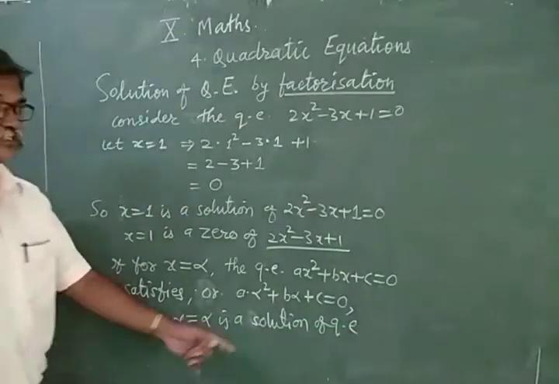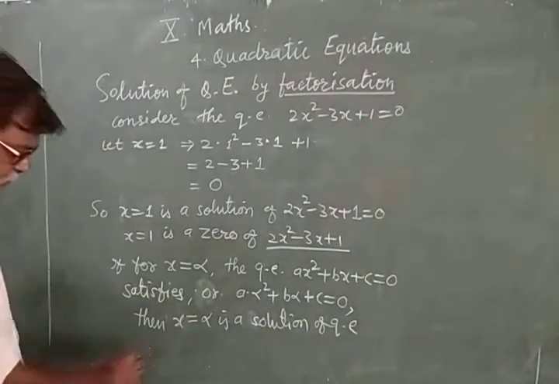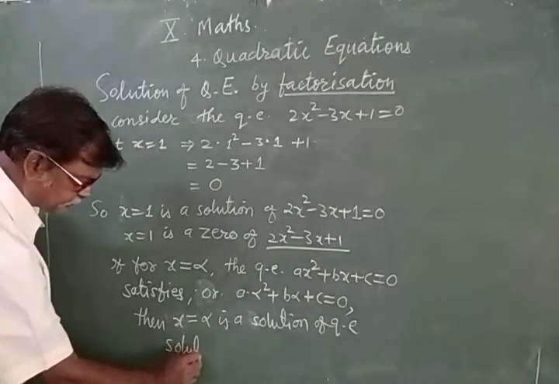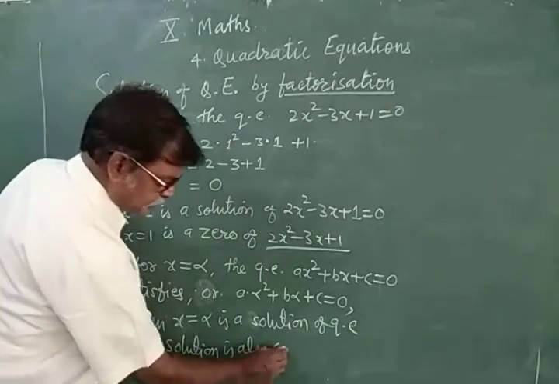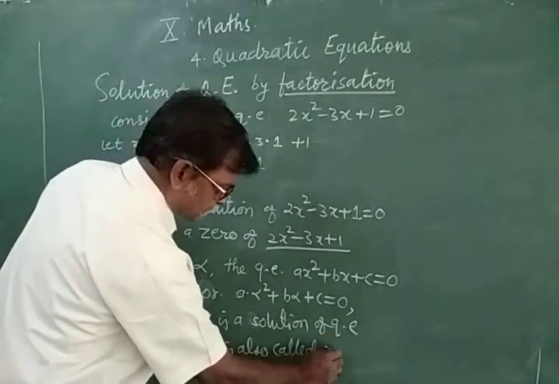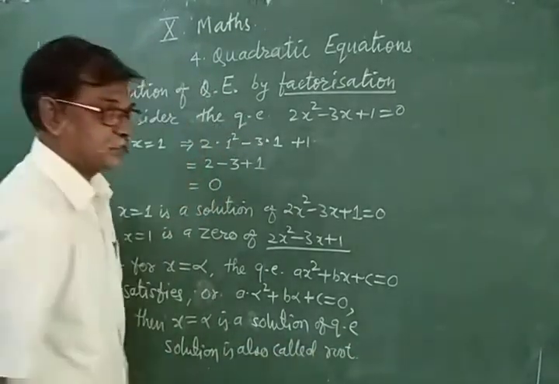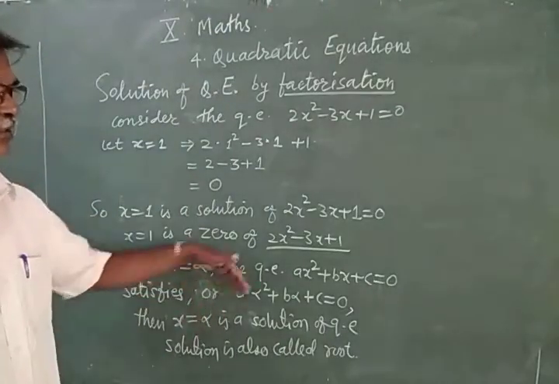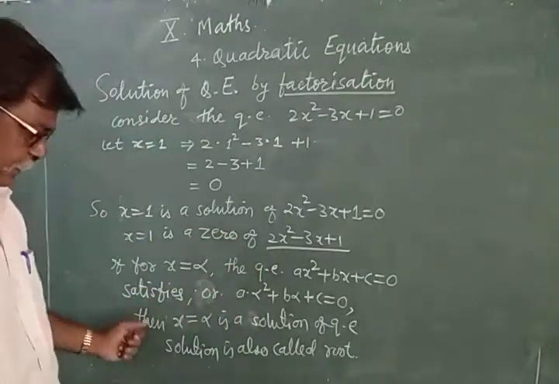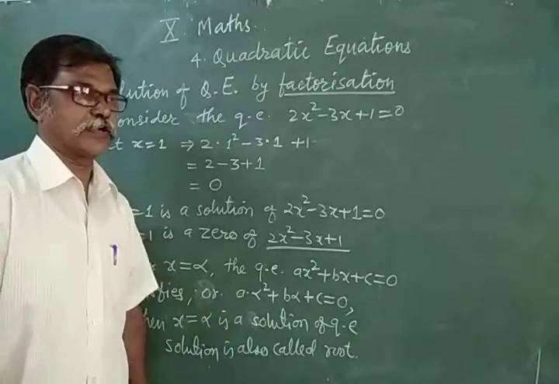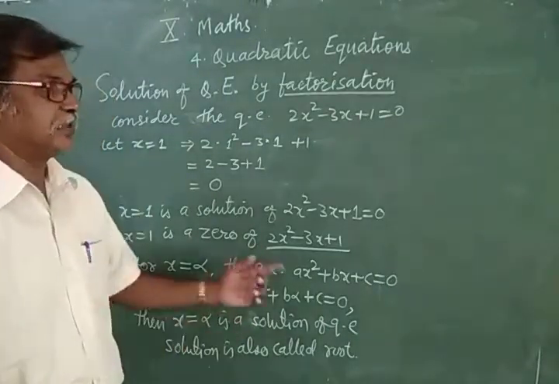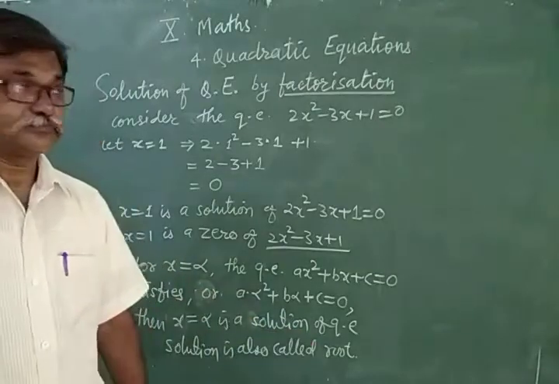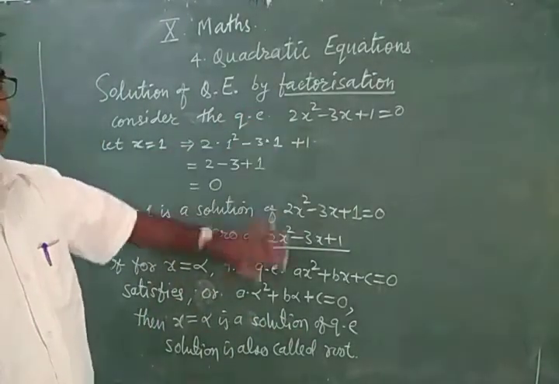This solution is also called a root. After this we will say root. Find the roots of the quadratic equation. In place of find the solution of the quadratic equation, we shall use the word root. So this is one example.